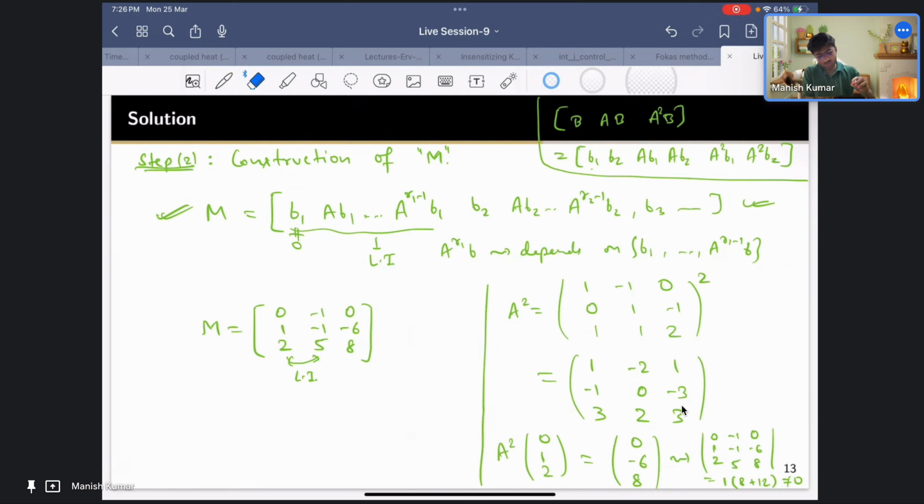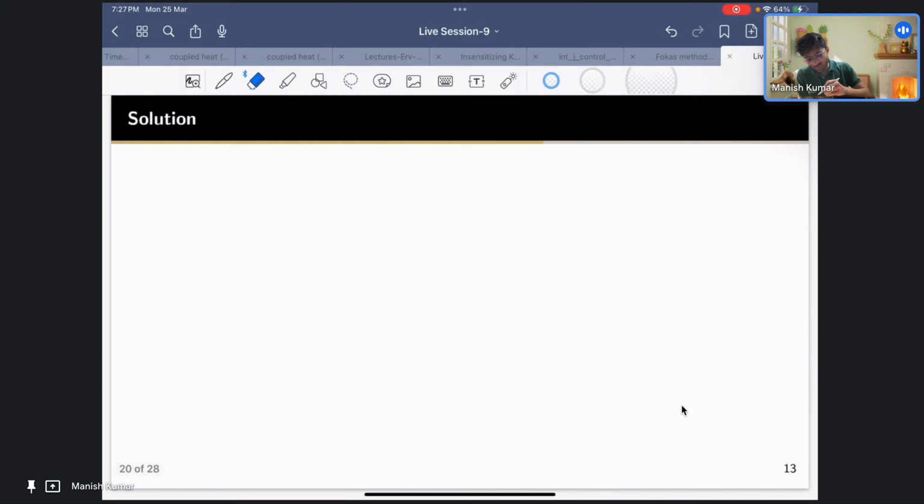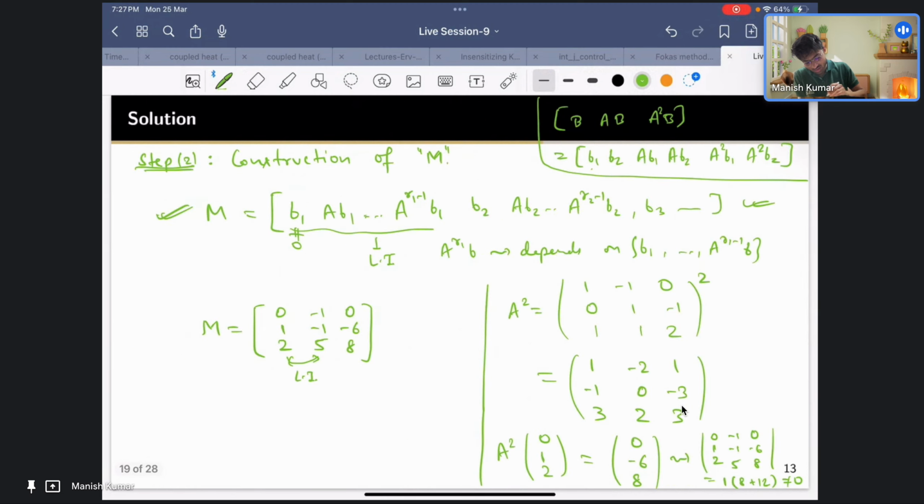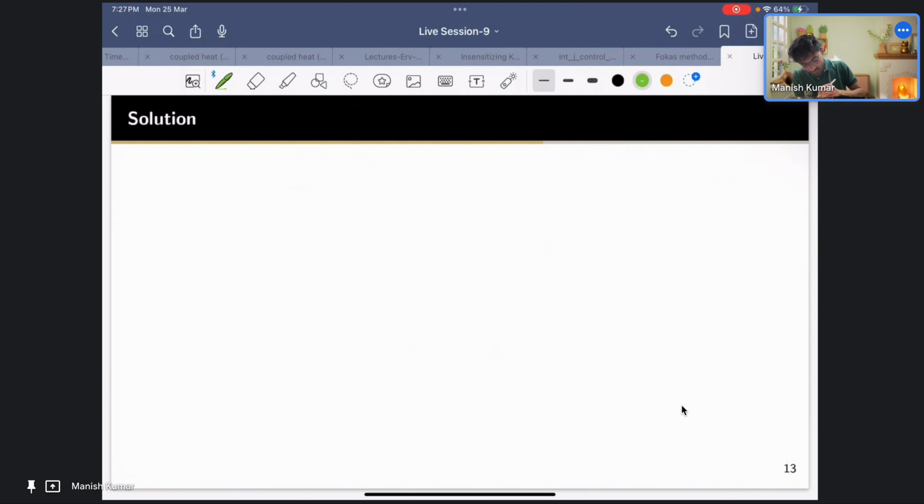Let us not compute it now. So now I define the matrix N. This is step 3: construction of N.